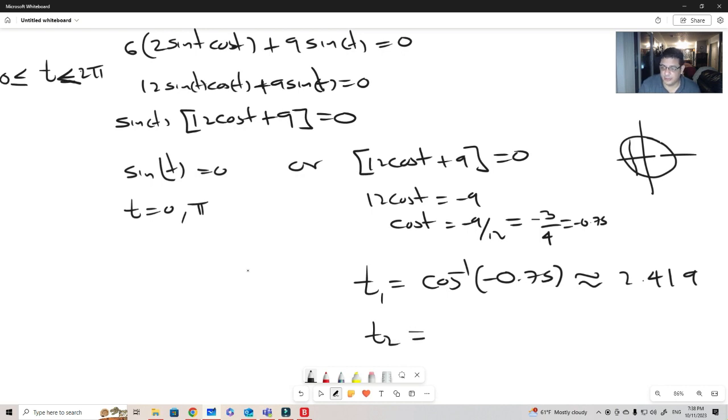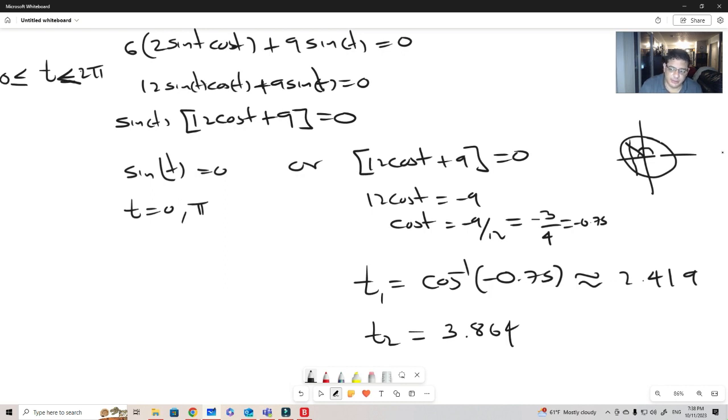The second one is going to be here, and that's going to be 3.864. Okay. And again, if you want to get the reference angle, this 2.419 is this angle here, but you might want to get this reference angle here, so you can add it later to 3.14 and get the second angle, that is this one.